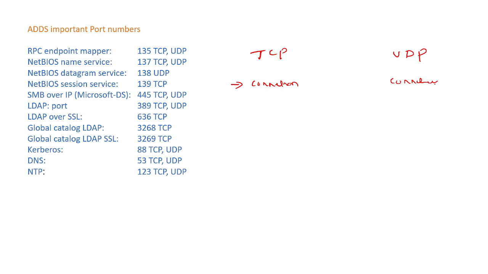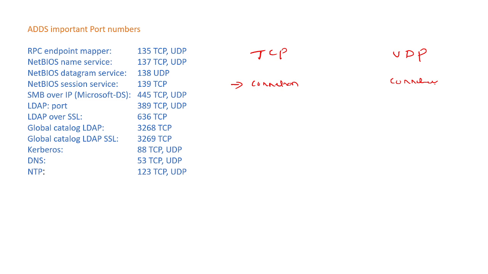End-to-end packet transfer will happen, and you will get the acknowledgement. Until all three packets, hi, hello, how are you, reach, TCP will never leave. But UDP is not like that. Whether the receiver listens or not, it will simply dump the packets. It doesn't bother. That is the difference between TCP and UDP.